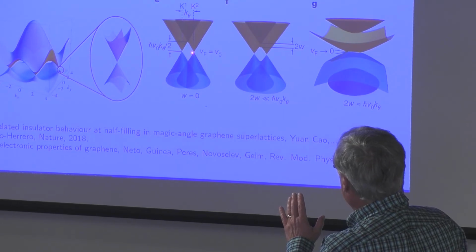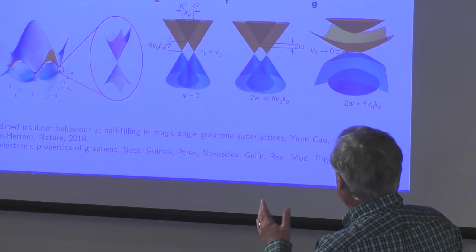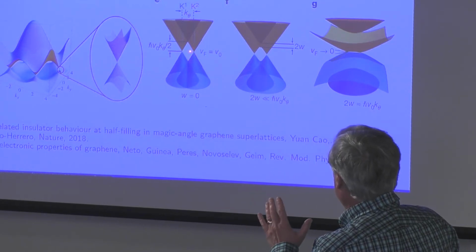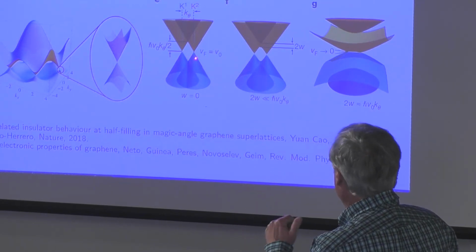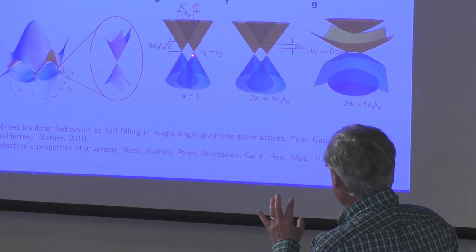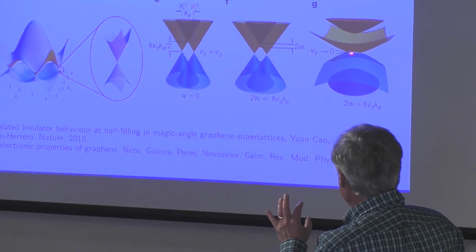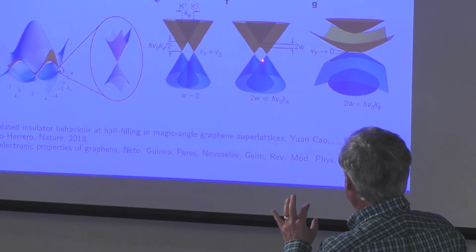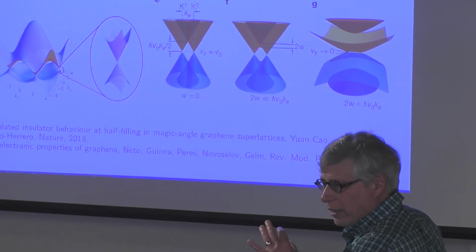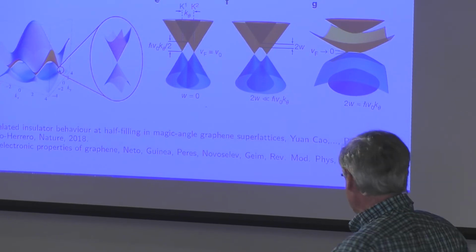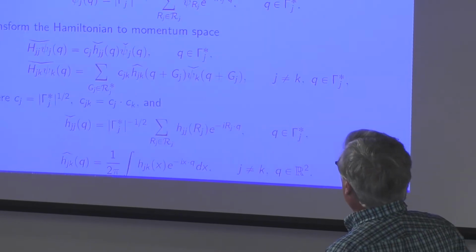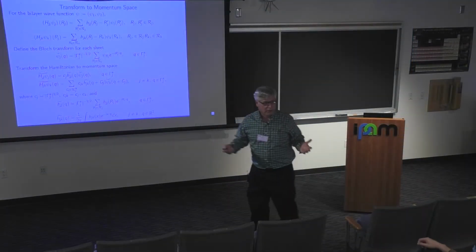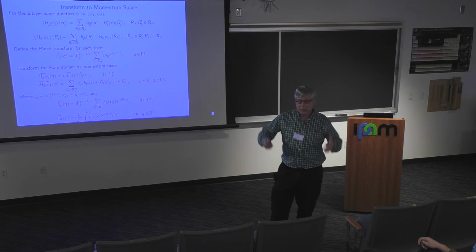And people have a good idea of what the hybridization energy is. They say it's independent of angle. And then you just want to change the angle so that the hybridization is enough to merge this point and that point. That's the toy model.